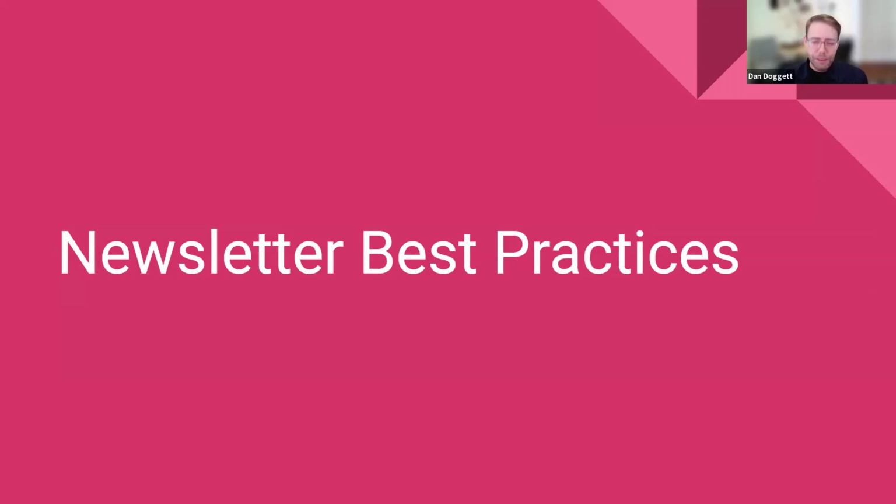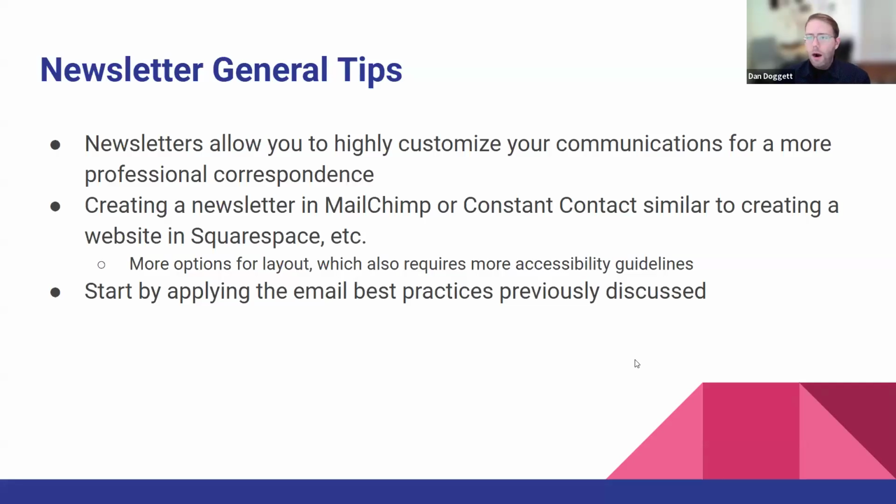Newsletters are a little bit different. Newsletters generally allow you to customize your content a little more than you would with an email. You might have more visual representation. The blocking of the different content that's put there is going to be a little bit different.